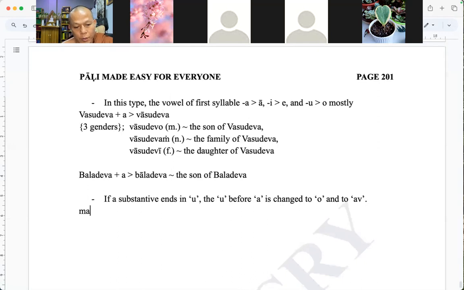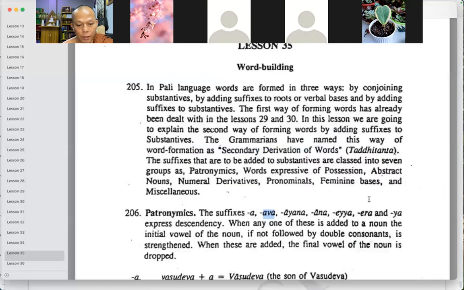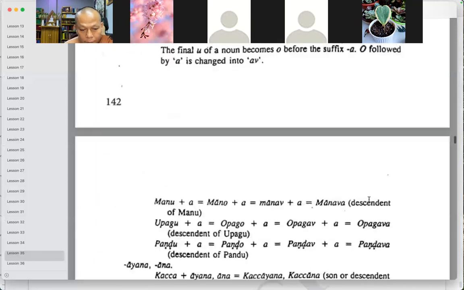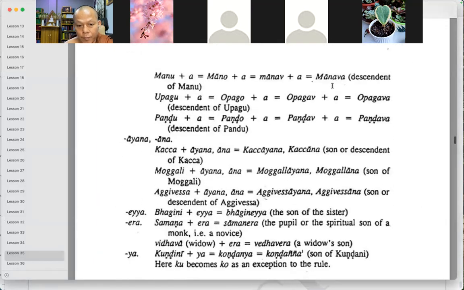Now the word is Manu. Manu actually means here the descendant of Manu, son of Manu.